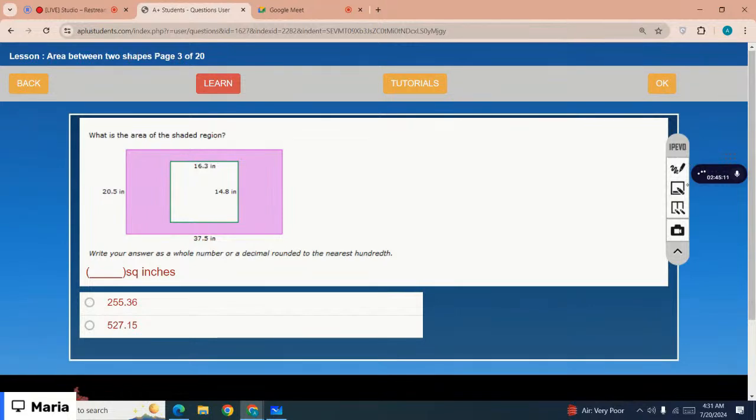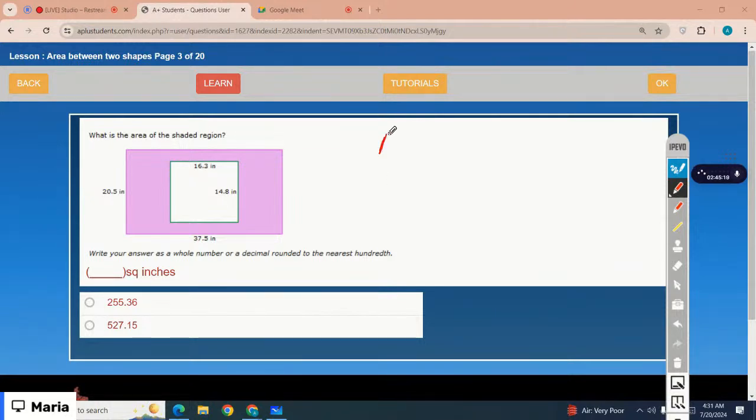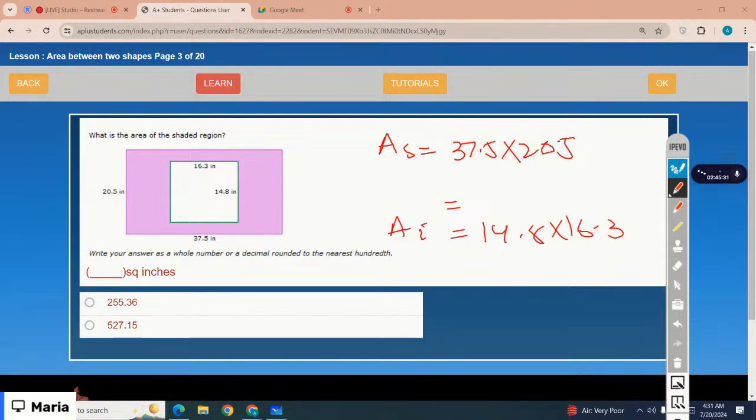So the area of the outer is 37.5 times 20.5, right? And then the area of the inner one.